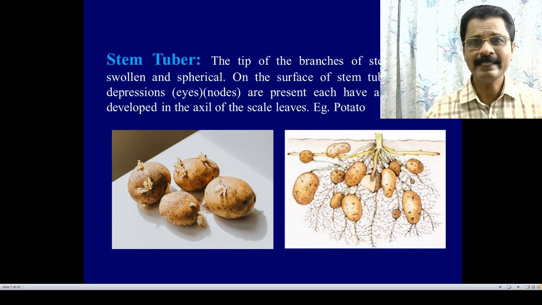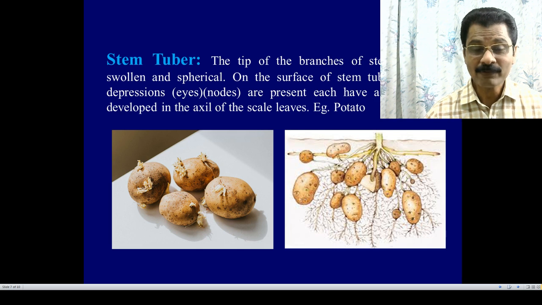If you examine the potato, on the surface you can see small depressions, and these depressions are called eyes, and these represent the nodal region because it is stem. It has nodes and internodes. From the nodes you can see the scale leaves, and from the axil of the scale leaves, the bud arises. This is also used for vegetative propagation.